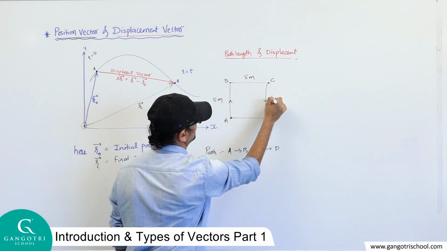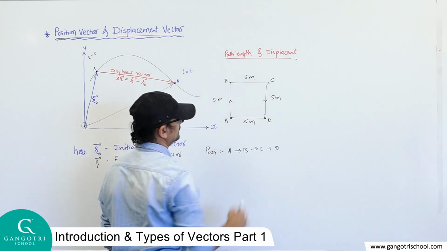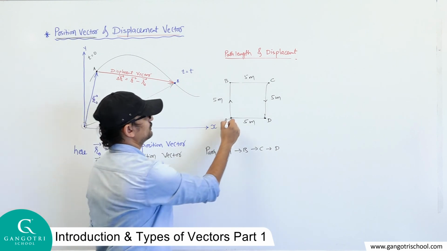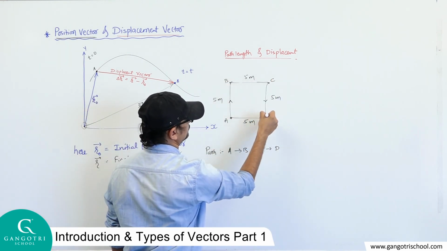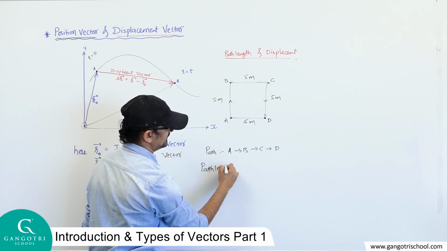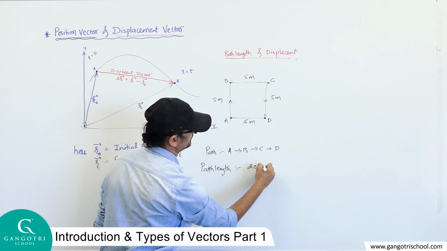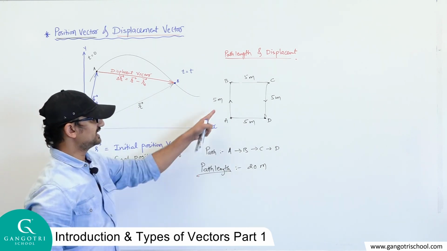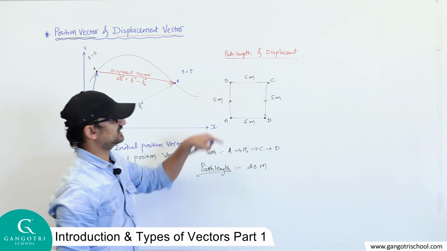What will be the total distance traveled by the particle? 5 plus 5 plus 5 plus 5. So the path length is 20 meter, and remember path length is a scalar quantity. Path length means total distance traveled by the particle.